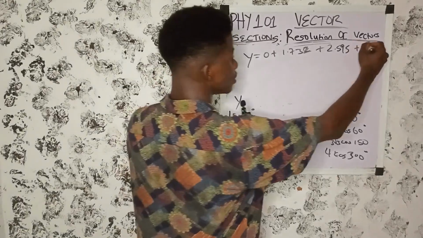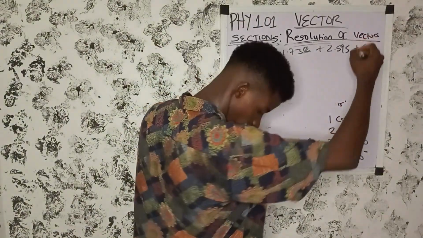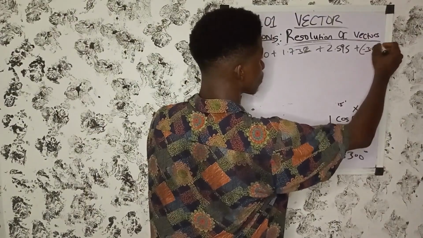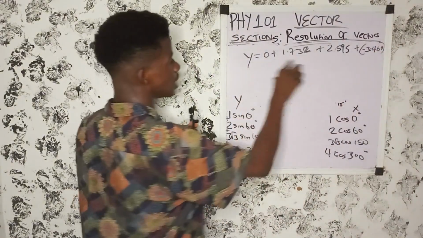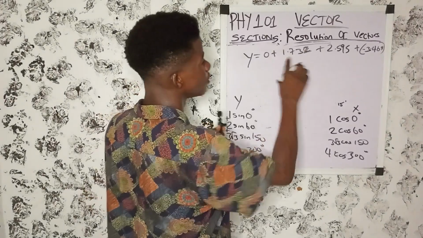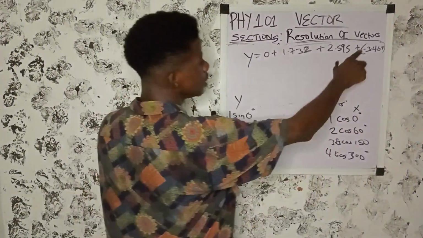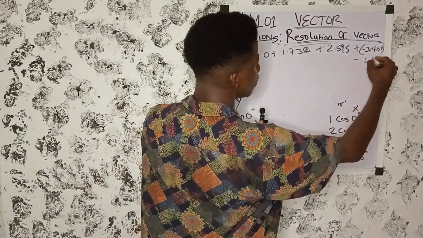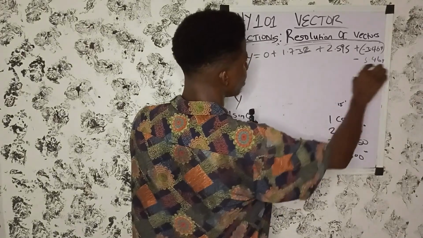So let's add everything. Plus and minus give us minus. We add this one, minus it from this one.